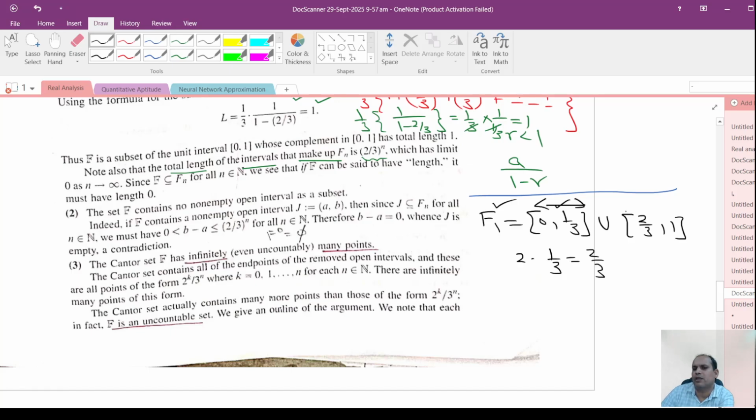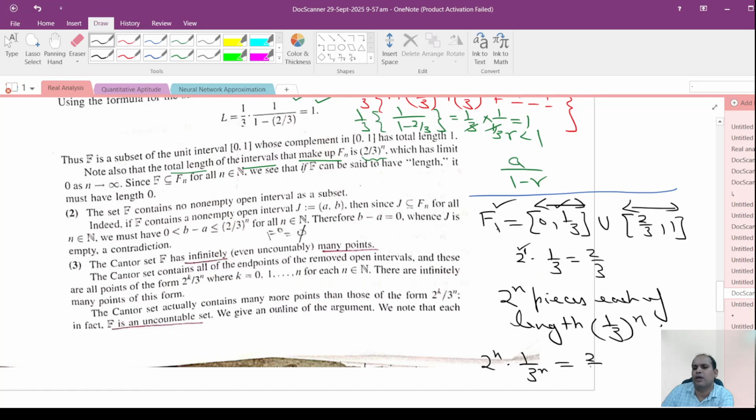At up to the nth stage, there will be a total of 2 to the power n pieces, each of length 1 by 3 to the power n. So, the total length will be 2 to the power n into 1 by 3 to the power n, that is (2 by 3) to the power n.